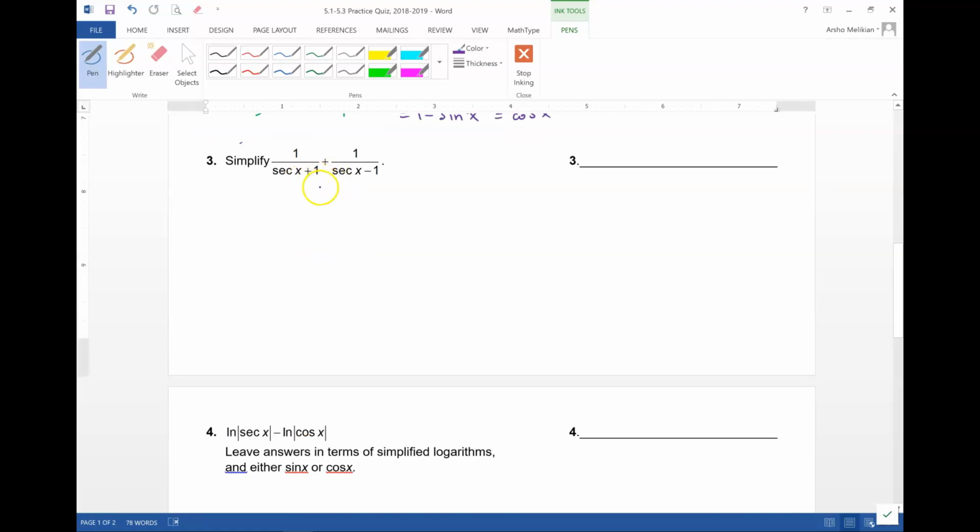Okay, what would you propose here? Common denominator. So common denominator here will be secant x plus 1, secant x minus 1. And so now I would just multiply each fraction top and bottom by the other denominator, right?